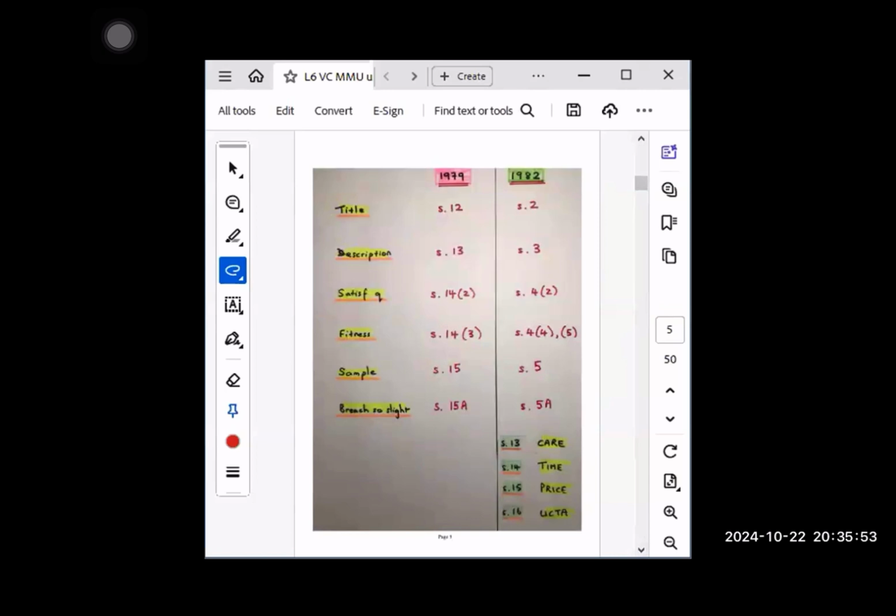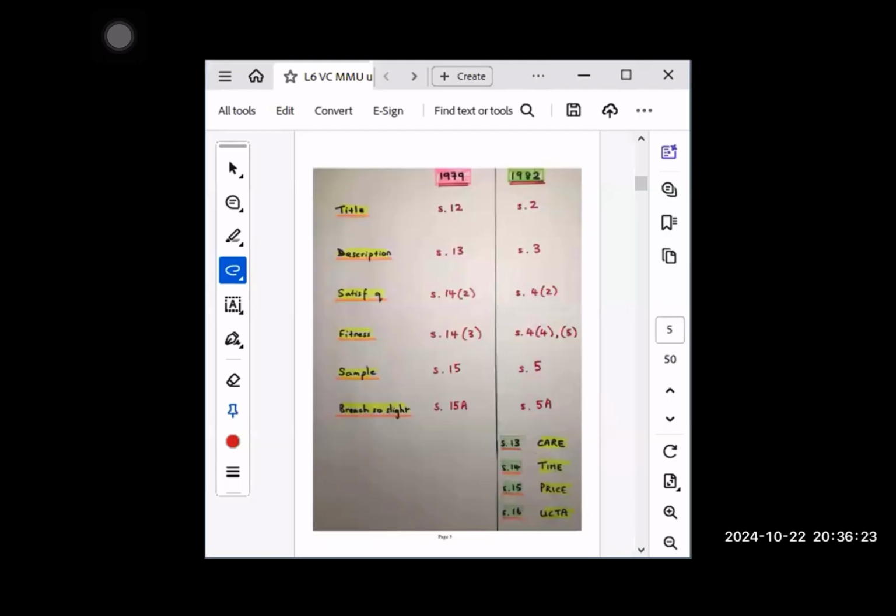Now, the Supply of Goods and Services contract is a very popular exam question. When goods supplied are rubbish, you use exactly the same cases as we did under the Sale of Goods Act. Satisfactory quality, fitness for purpose, description, everything is exactly the same.